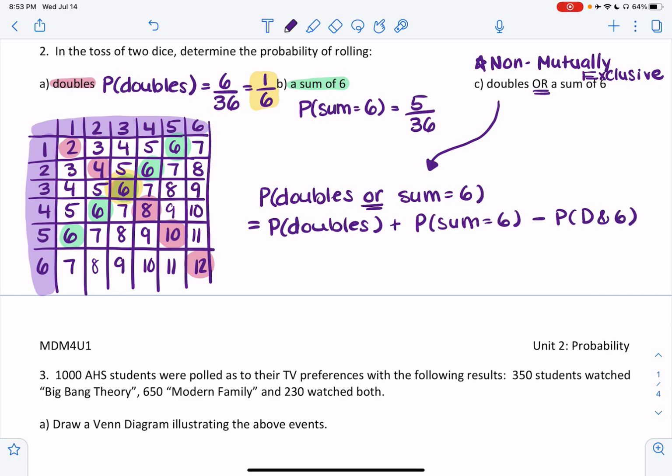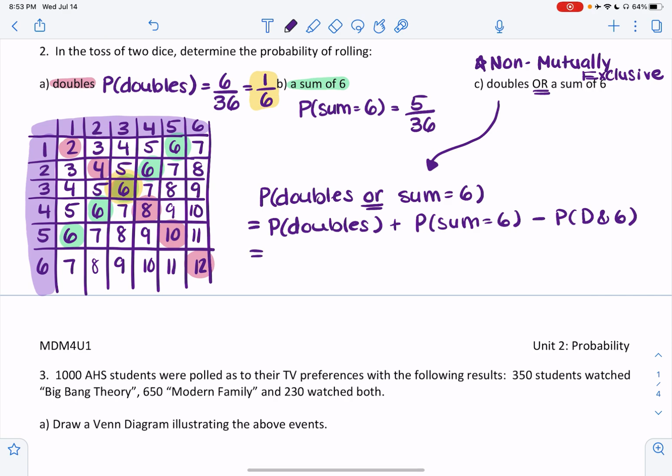Now we have to subtract it because we count this middle one right here. We counted it once over here and we counted it again over there. So when we add those, we actually double count that middle one right here, that outcome.